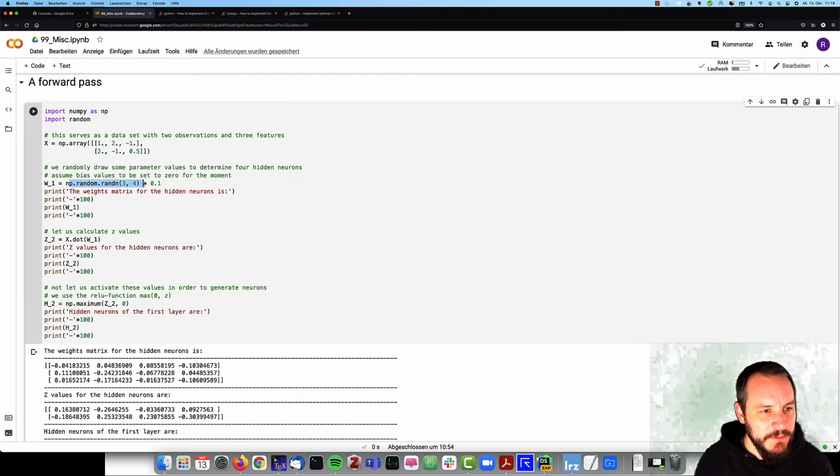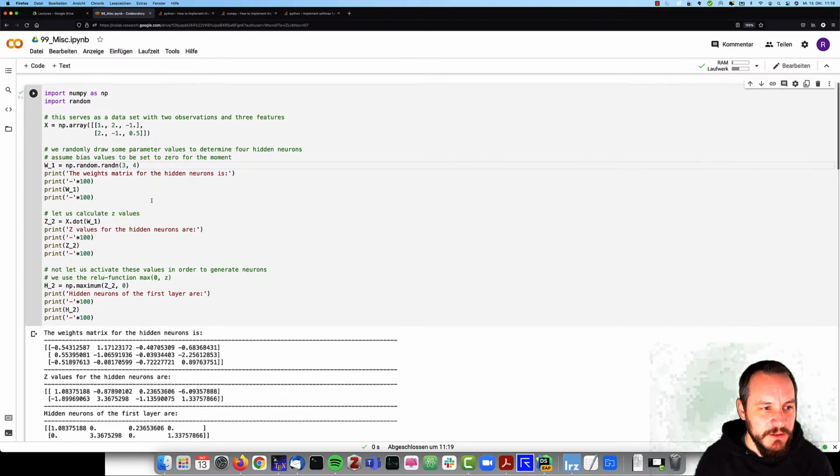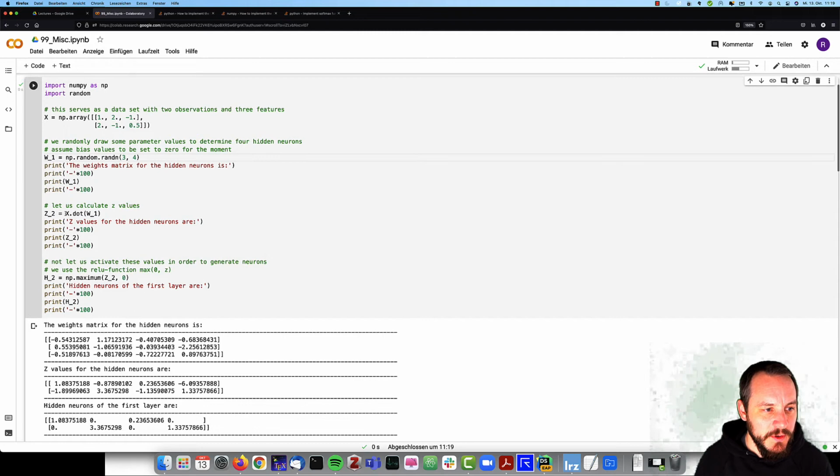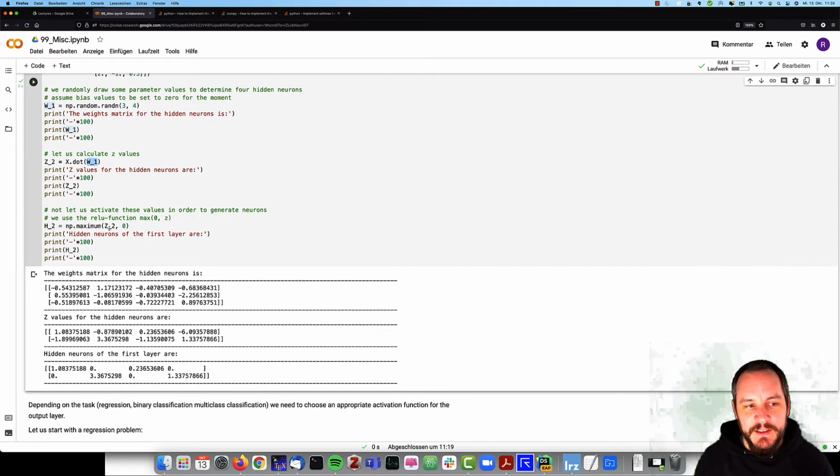And then we just do a matrix calculation, so we calculate x times the weight matrix. And then to create the hidden neurons, we use the rectified linear unit activation function, so the ReLU function, which is the max of either the value or 0.